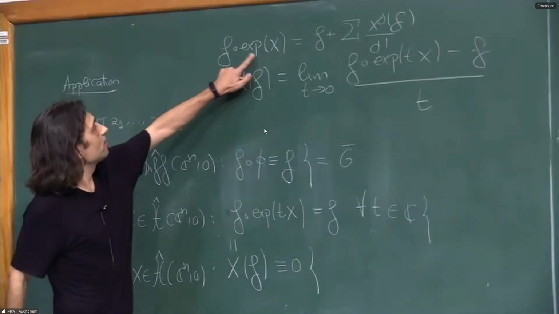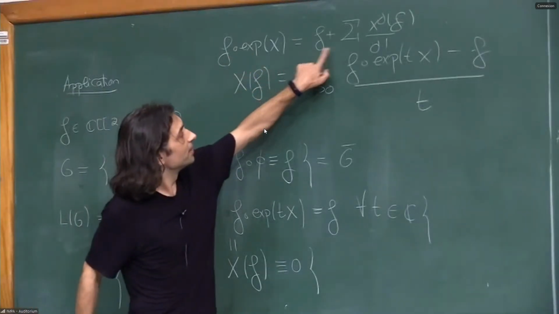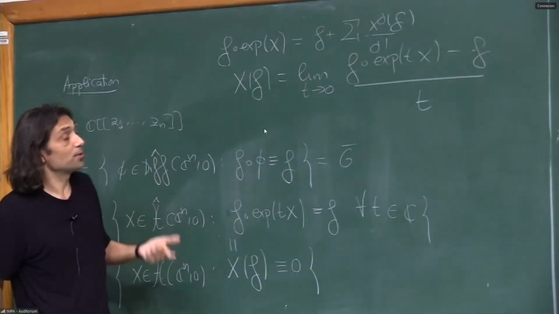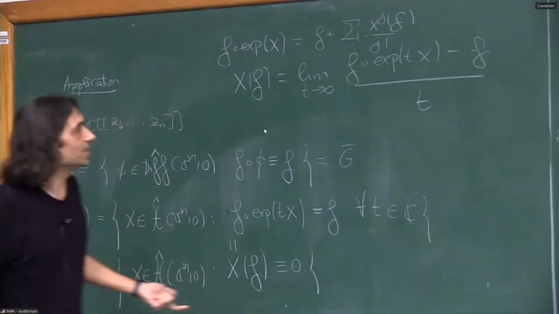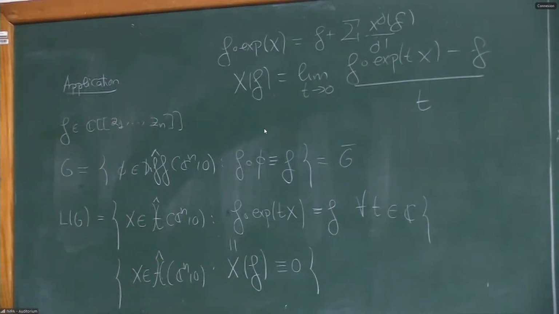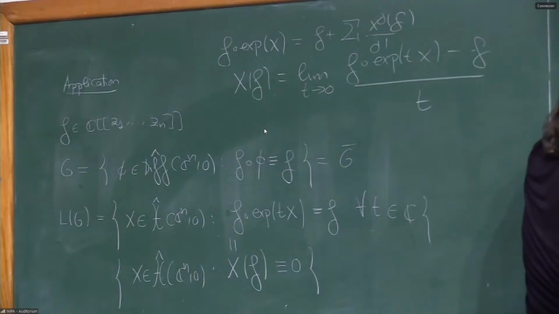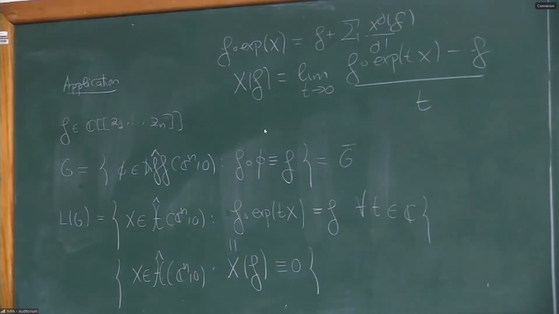So exponential of X composed with F is F. X of F is 0. X applied 2 times to F is also going to be 0 because X of 0 is 0, and so on. So these two things are equal, and this is the Lie algebra. So we can calculate, in this case, essentially everything.